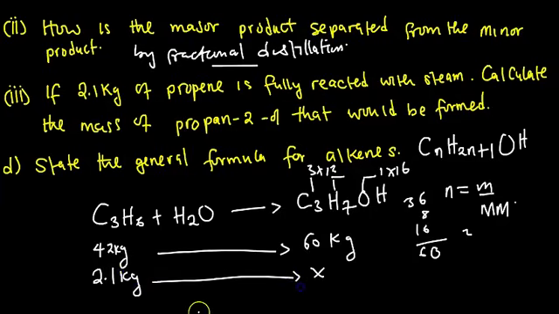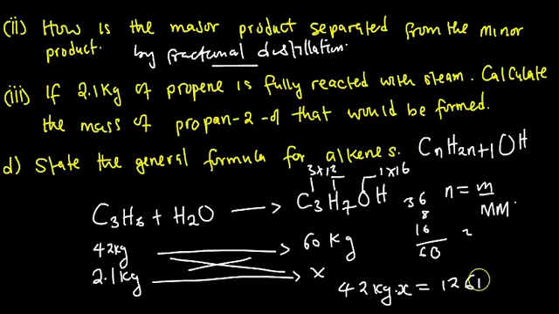Then what about 2.1 kg of propene? What would be the mass here? You cross multiply, and it's simply going to be 60 multiplied by 2.1, which gives me 126. So 42 kg times x equals 126 kg. Remember, this one has kg and also this one has kg. Then divide by 42 kg, because what we want is x.